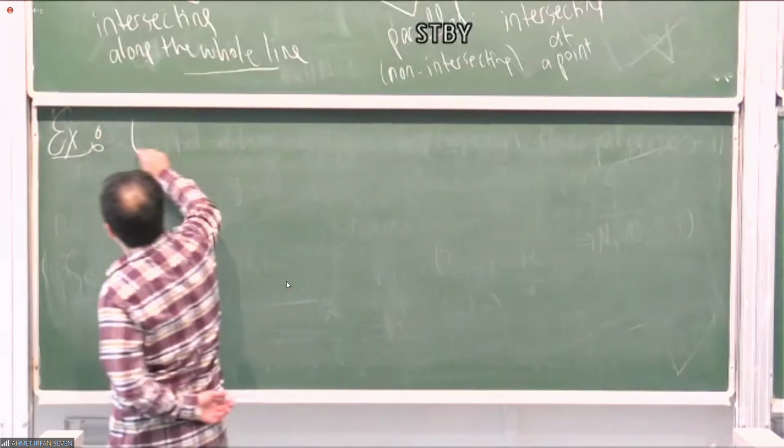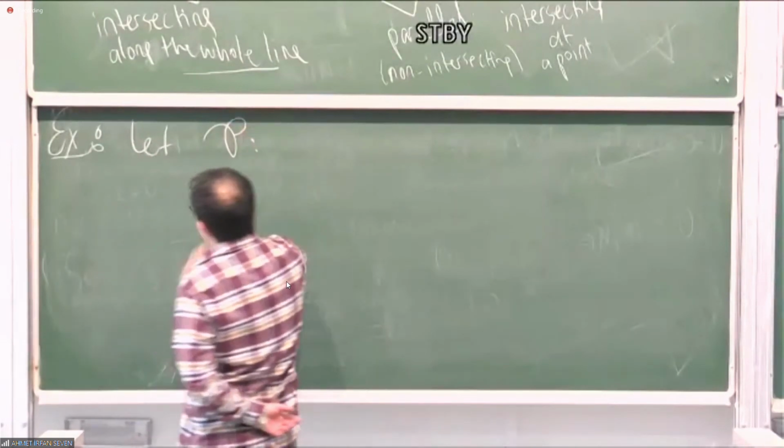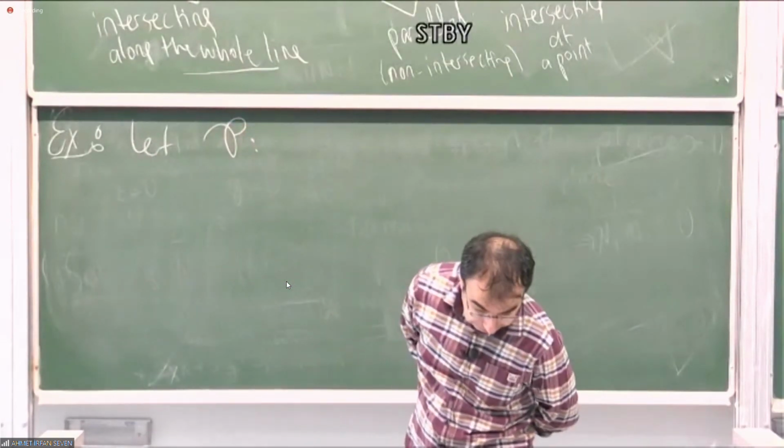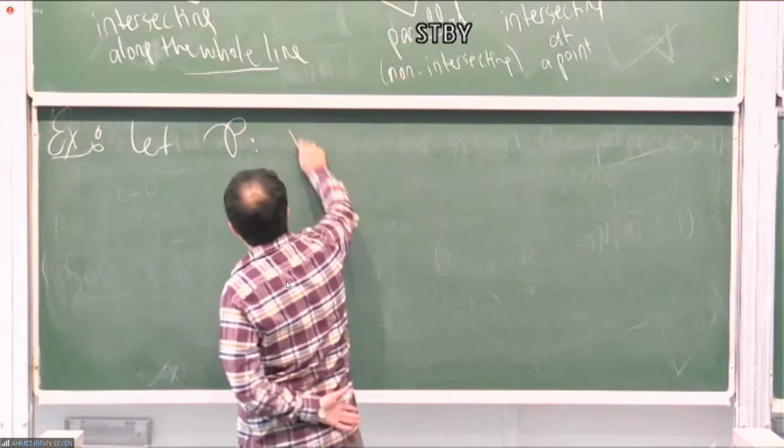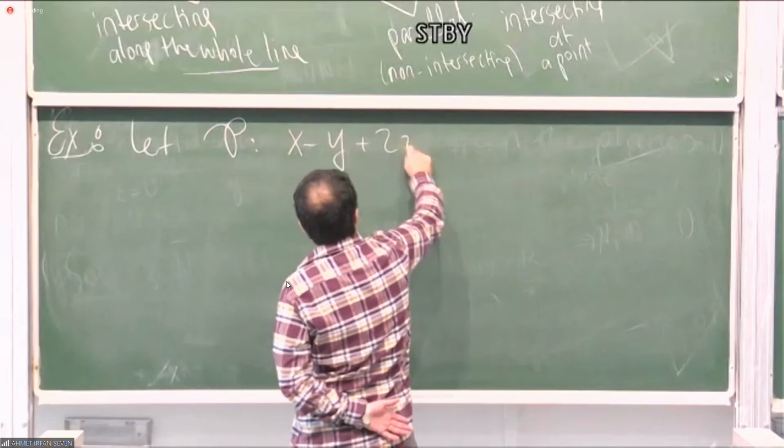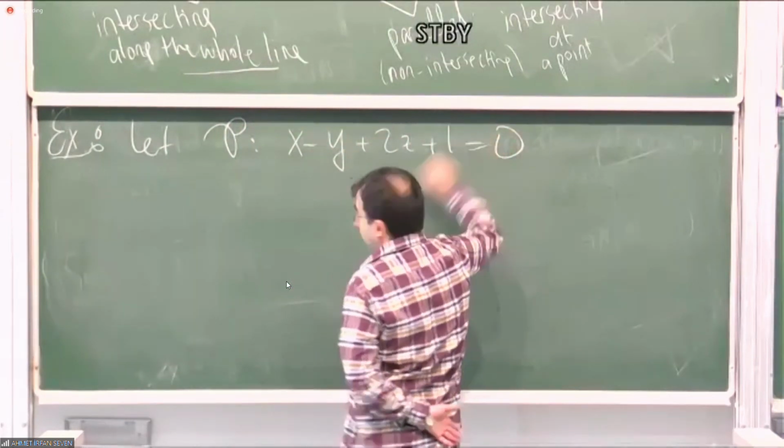So let P be the following plane, x minus y plus 2z plus 1 equals 0.